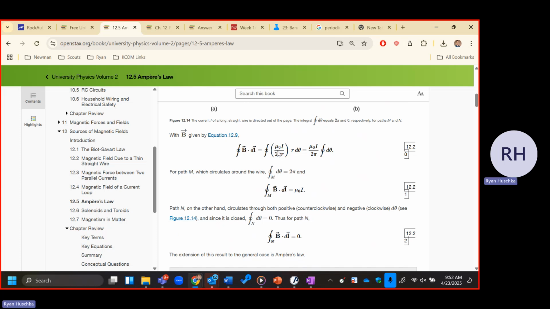That's what we just wrote down: permeability times I divided by 2 pi times R. And then we have a d theta for a surface where that current is going through, which is basically 2 pi. So what cancels out? The 2 pi cancels with the 2 pi in the denominator, and you just get permeability times I.